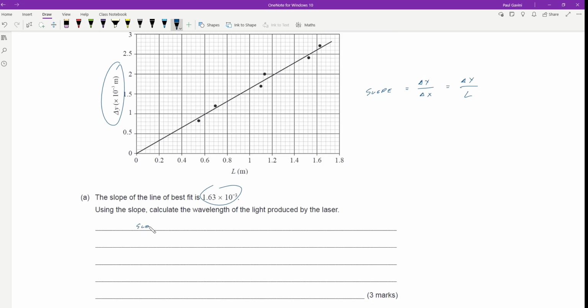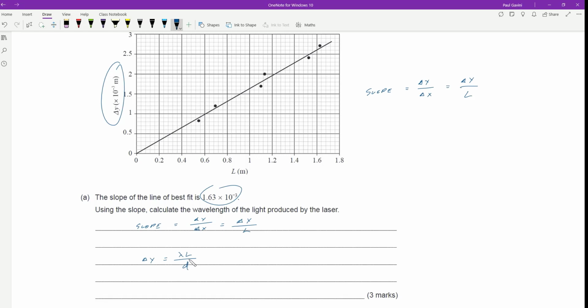So the slope equals change in Y over the change in X, which is equal to band separation divided by the length to the screen. Now the equation is delta Y is equal to wavelength times the distance from the screen, over the separation.